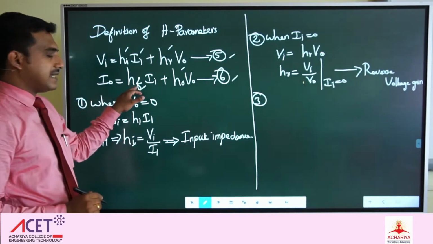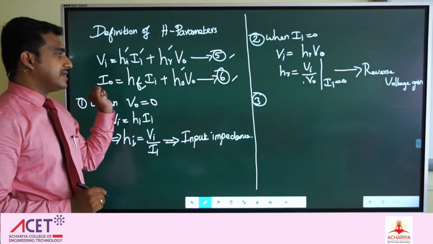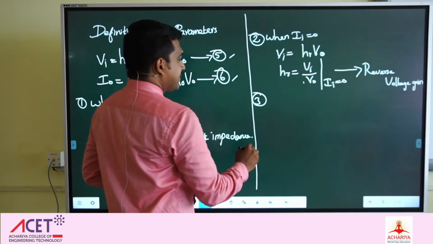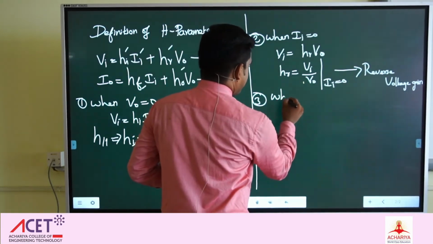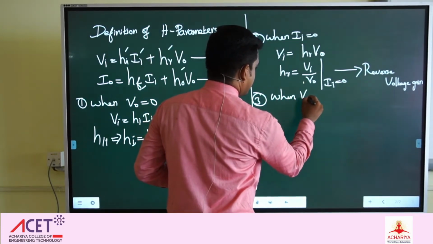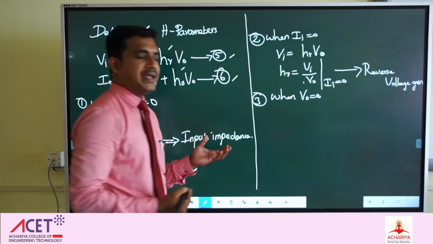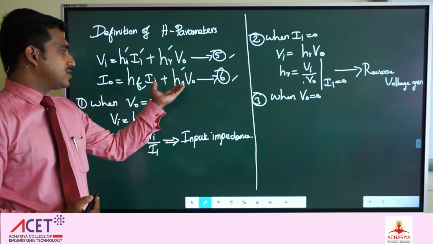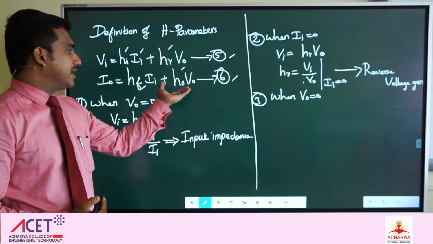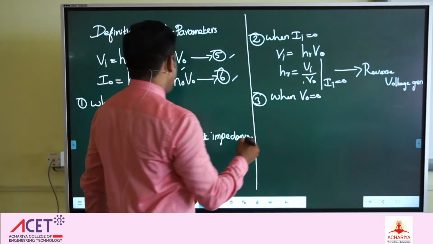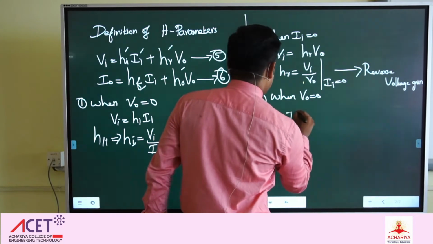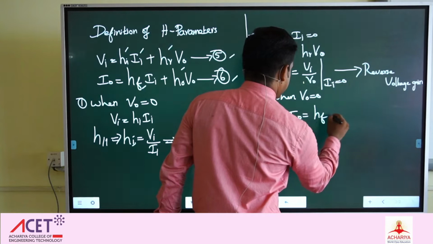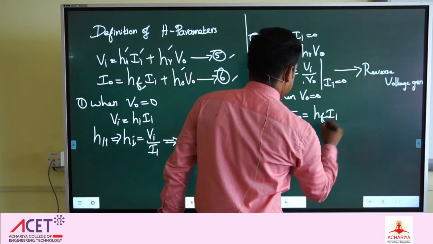The third parameter is Hf. To find Hf, let us consider the output voltage is equal to 0, when V0 is equal to 0. How can we make V0 equal to 0? By shorting the output circuit. By shorting the output circuit, we can make the output voltage equal to 0. The equation becomes I0 is equal to Hf into Ii.